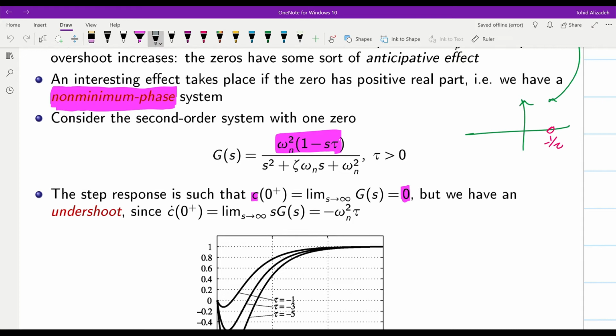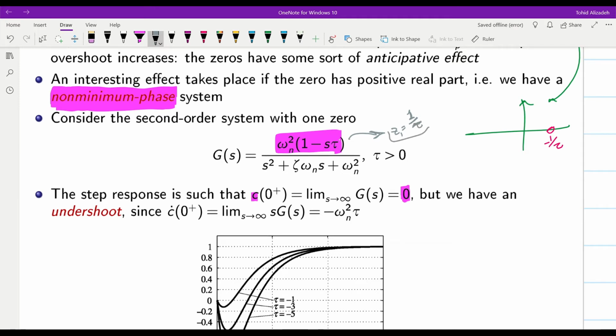So for this system, we have a single 0 which is located at 1/tau. Let me write it again. 0 is located at 1/tau.